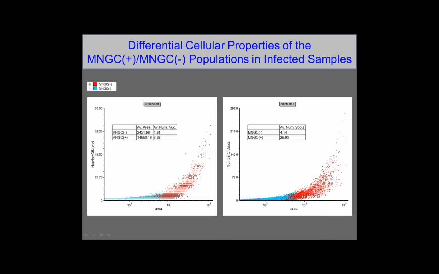What attracted our attention, though, was that even though these two populations, MNGC plus and MNGC minus, are fairly well separated in this region at low values of area, there is a region here in the middle where there's actually some overlap.